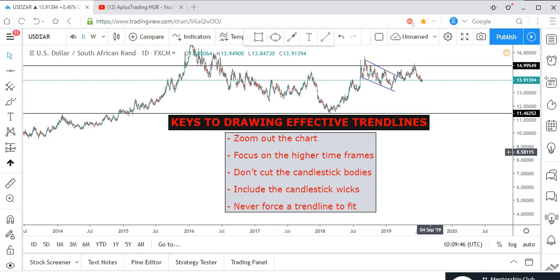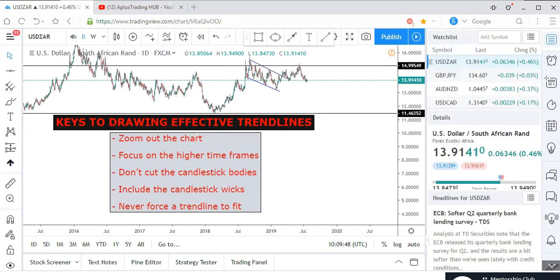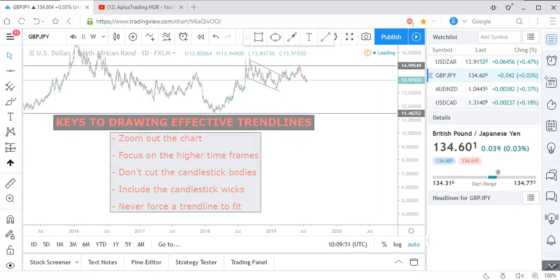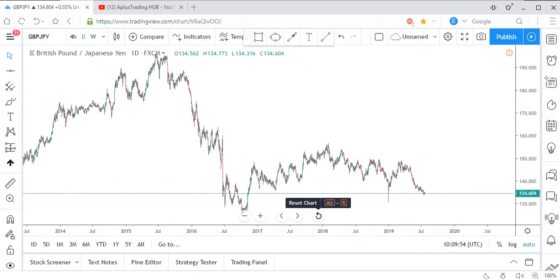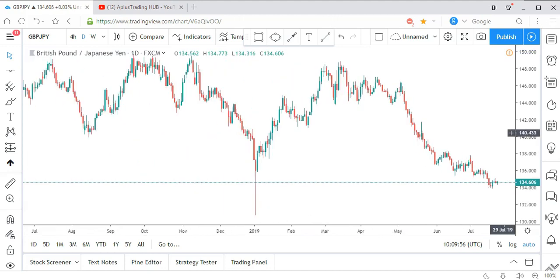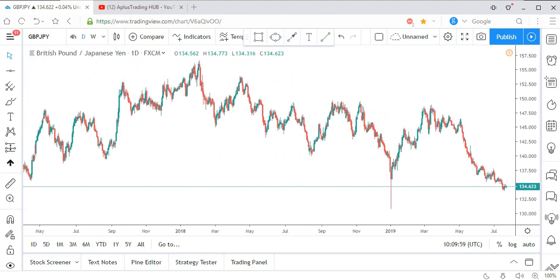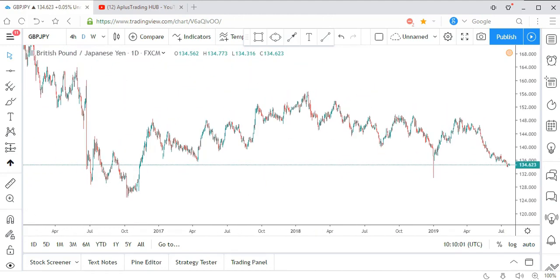First, which pair should we look at? Let's look at the GBP JPY. So this is the GBP JPY. We zoom out so we can see the candlesticks properly. When you want to identify an uptrend, first you look for the higher highs and the higher lows.